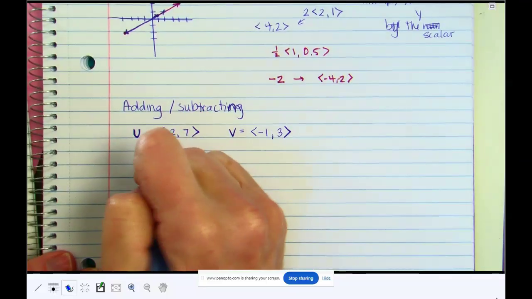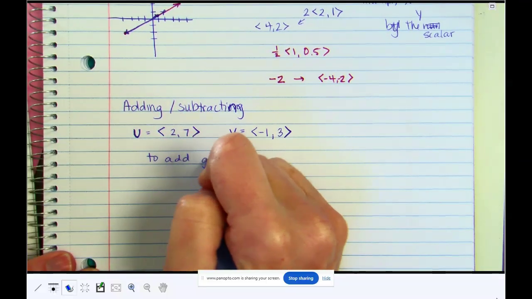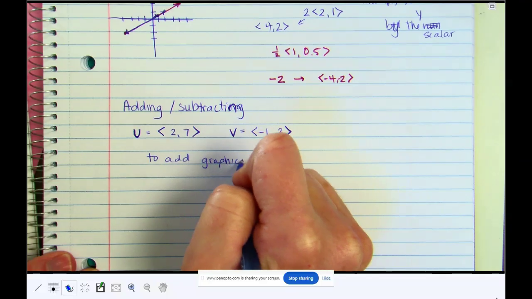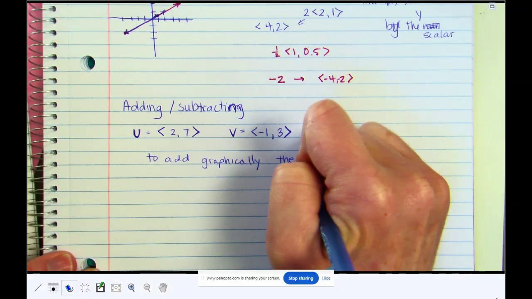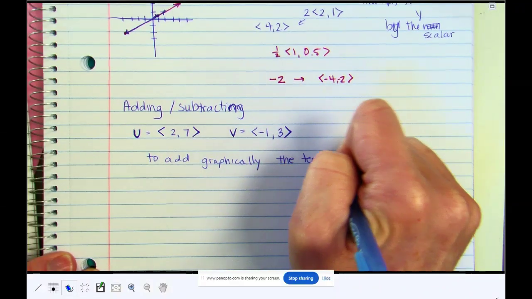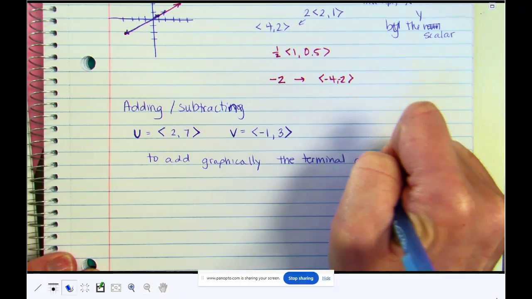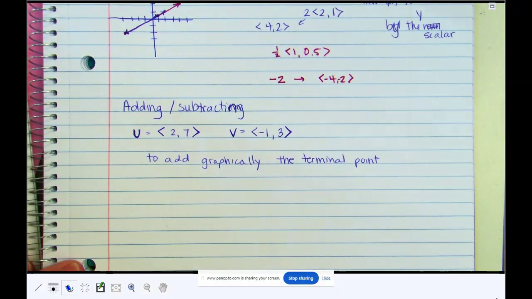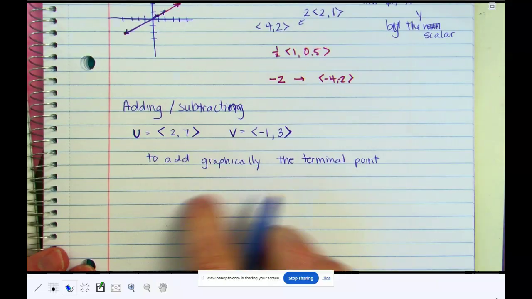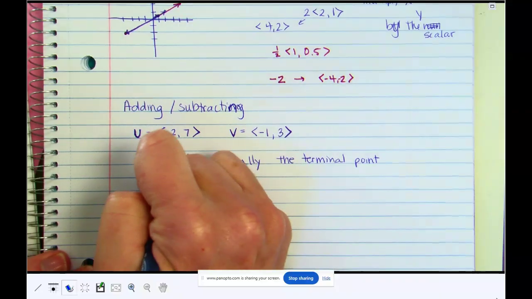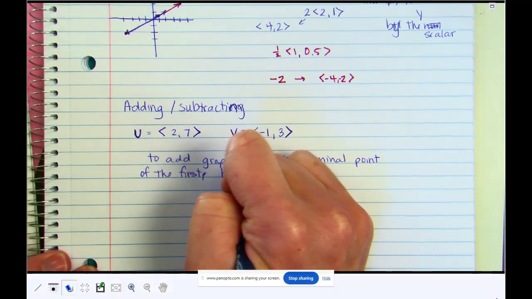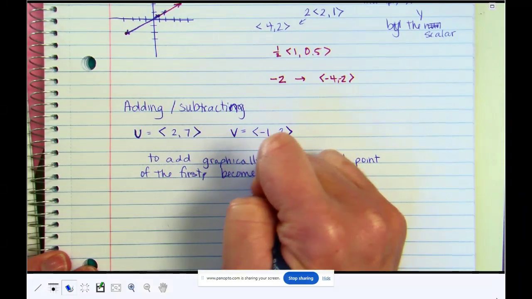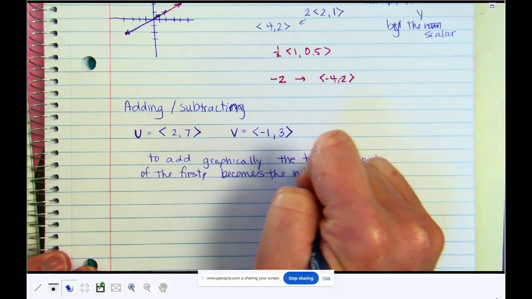Okay, so to add graphically, the terminal point. So remember, terminal point means what? End. Terminal point is where it ends. The terminal point of the first one becomes the initial point of the second one.